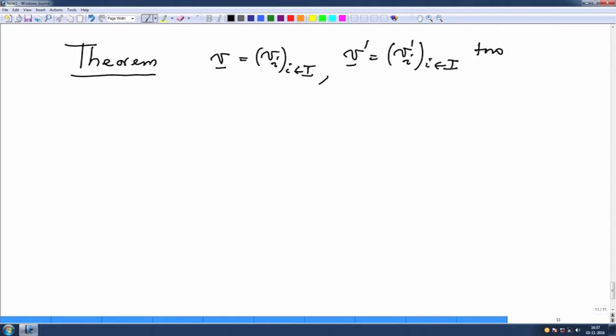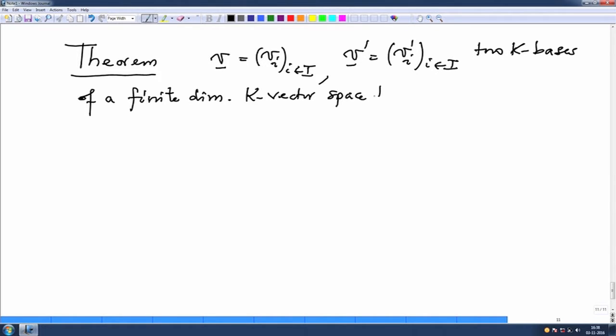Take two k bases V and V prime of a finite dimensional k vector space V. The dimension of V is the cardinality of the index set, which let us put it n.